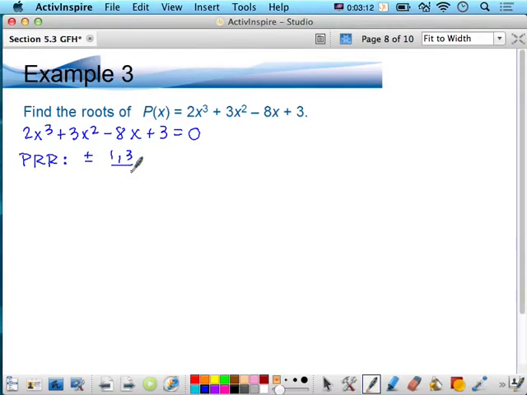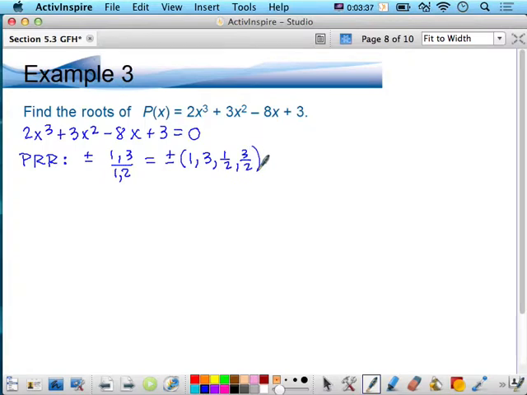And then the factors of our leading coefficient, which are just 1 and 2. And now if I split that up, I get 1 over 1 and 3 over 1. So I have plus or minus 1 and 3. And then I have plus or minus 1/2 and 3/2. Okay, so those are all of the possibilities.